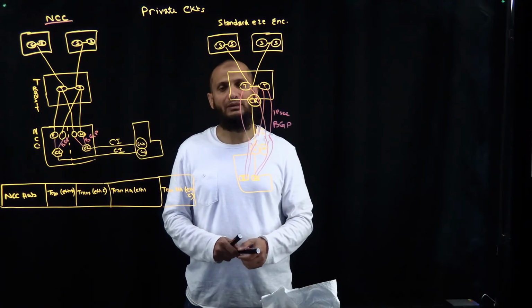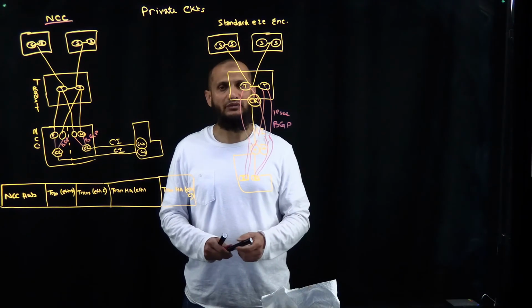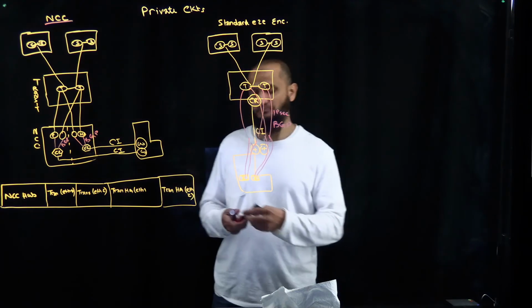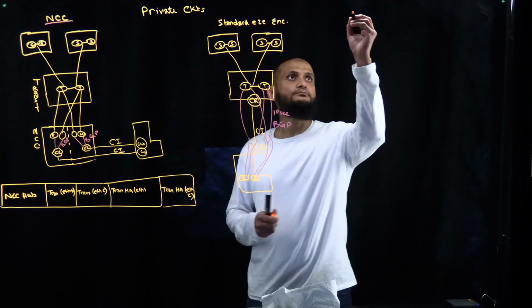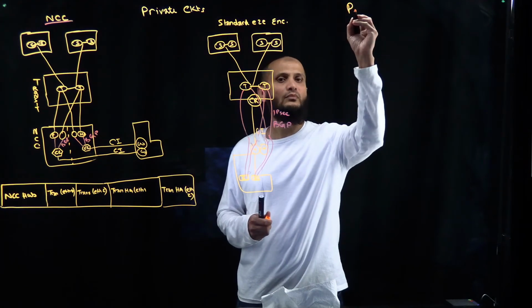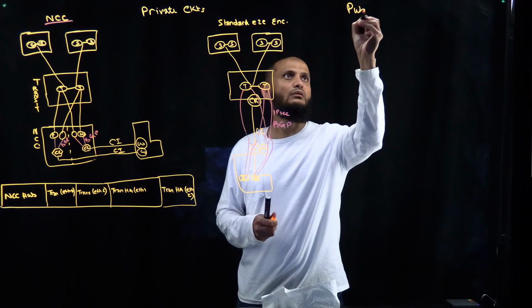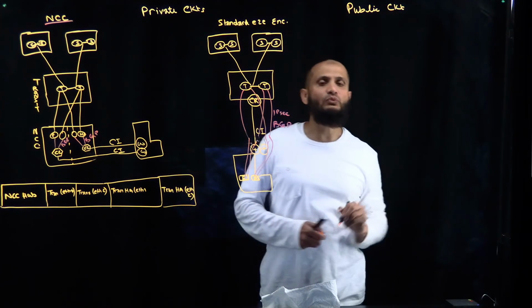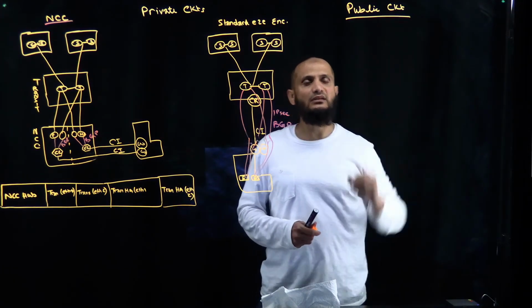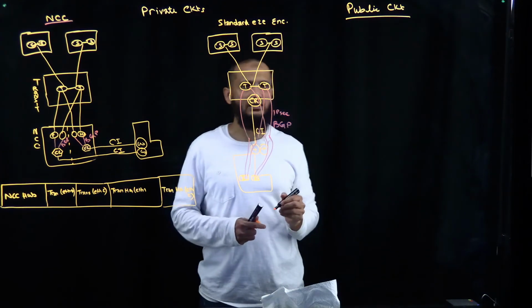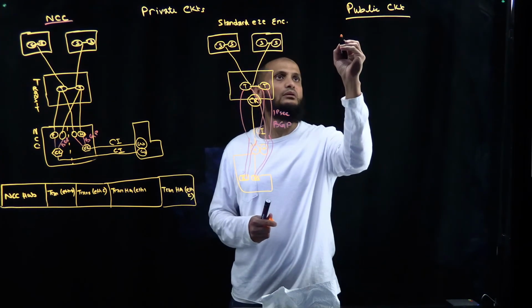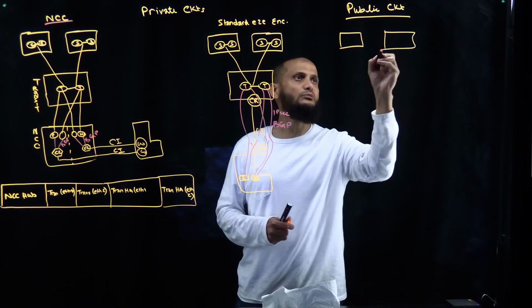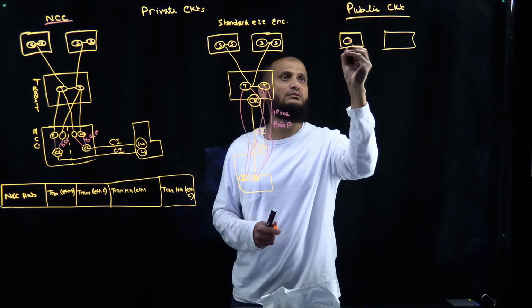All right, so let's talk about the next option, and that option is over the internet or public circuits. When we're talking about the public circuit, it basically means over the internet. The architecture is going to be pretty much the same from the Aviatrix perspective. It's going to be spoke and then a transit.